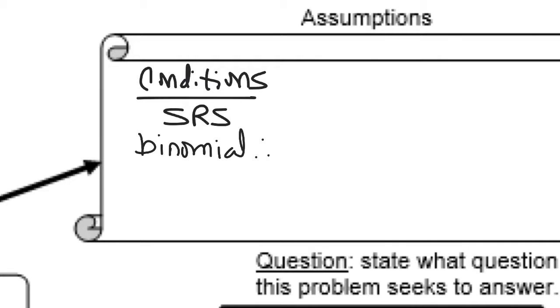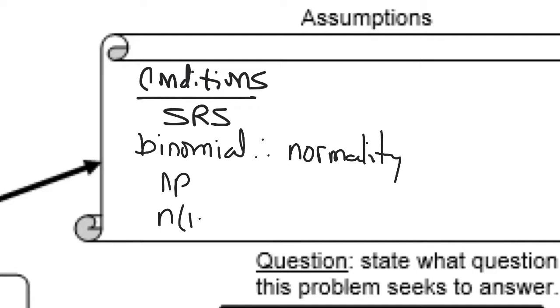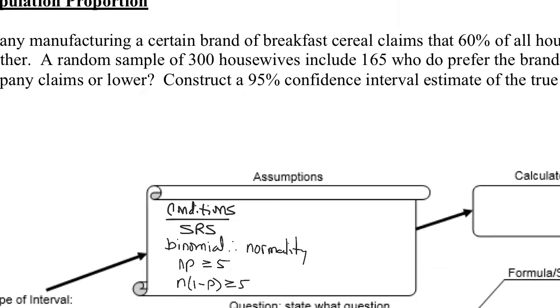And therefore, normality. All right, and so we just need to determine whether np and n(1 minus p) are going to be greater than or equal to 5. All right, so n is 300.